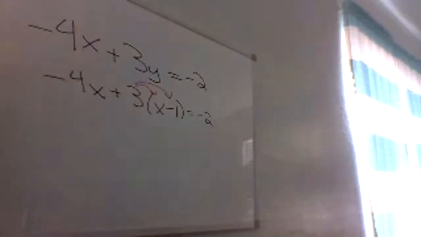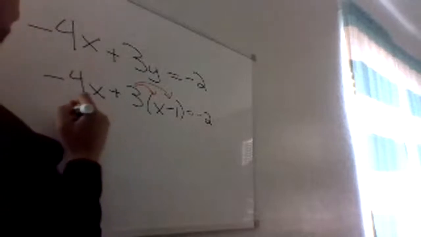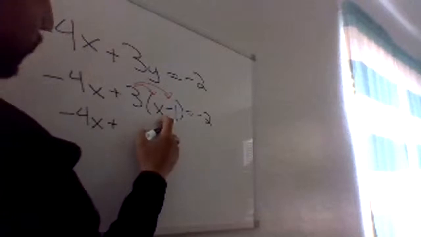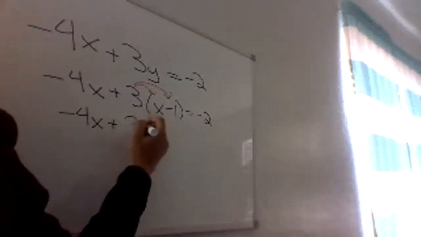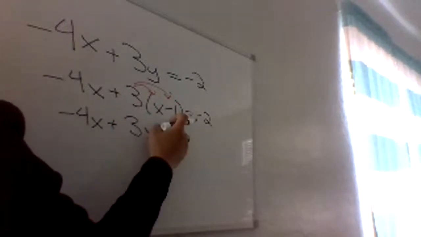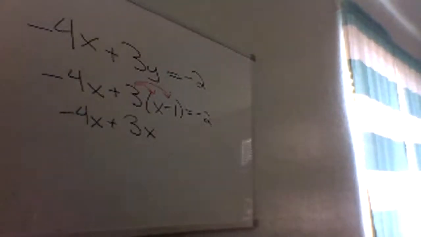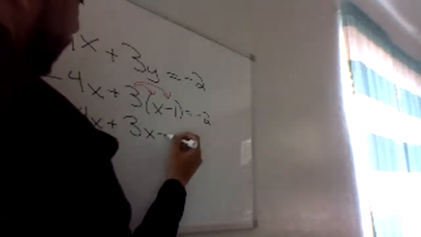All right. So now, here's where I always recommend I always like to rewrite it because that can get confusing. So I don't try to do any of this in my head. I'm just going to continue to rewrite it. Negative 4x plus, so 3 times x is what? 3x. 3 times negative 1 is negative 3.